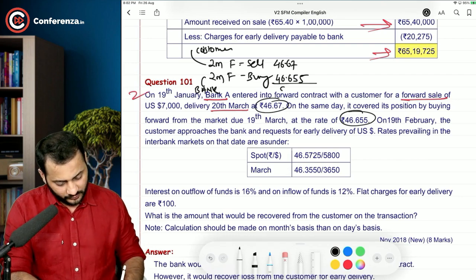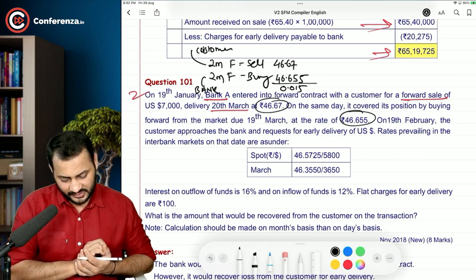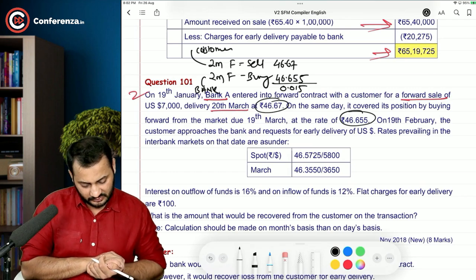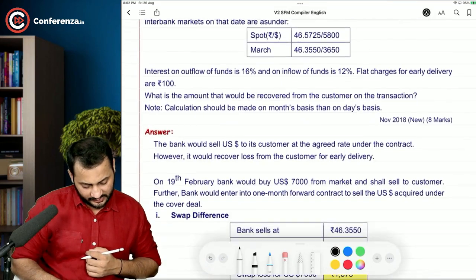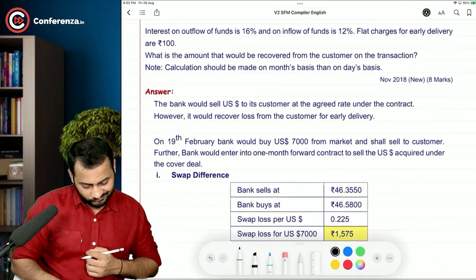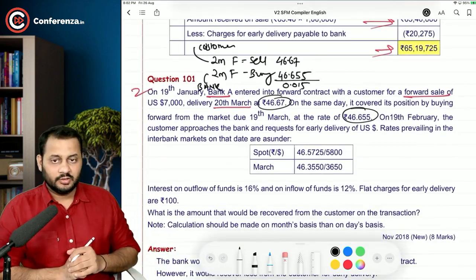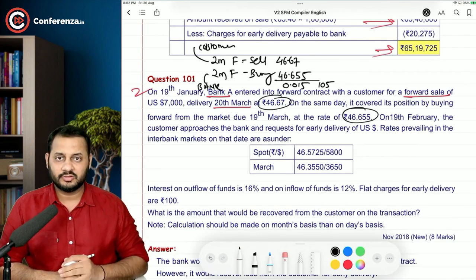Yes, the profit is 0.015 on $7,000. That's 105 rupees. So less. I don't know why. It's $7,000 or 7 lakh, I think. Okay, $7,000 itself. Cool. So the profit the bank was supposed to earn is 105 rupees on the transaction.